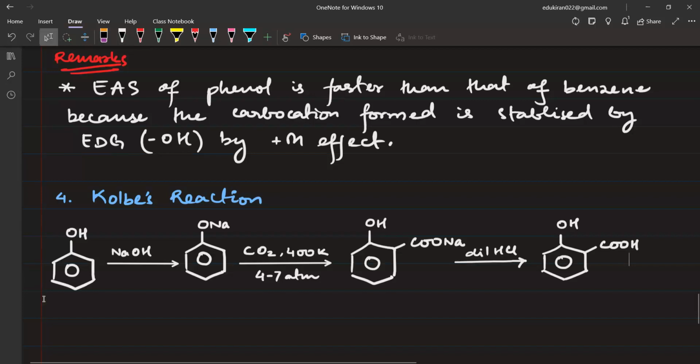Let's write it all down here. Write phenol. This will be sodium phenoxide.